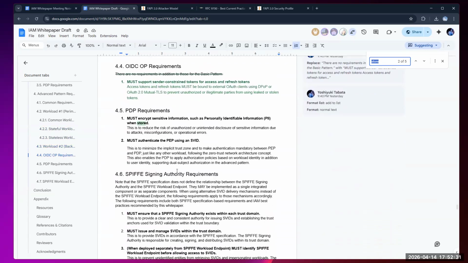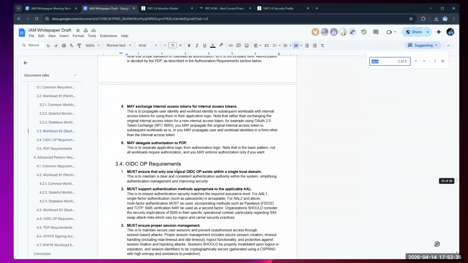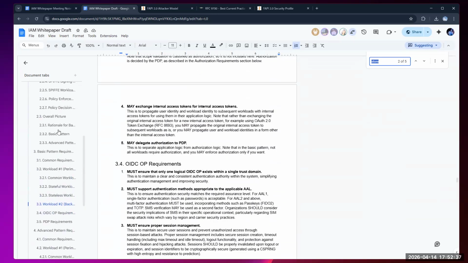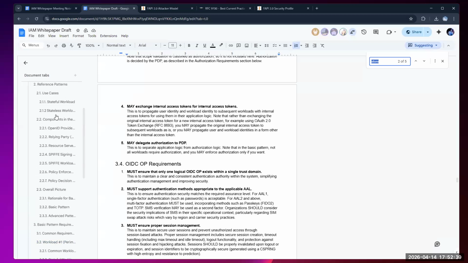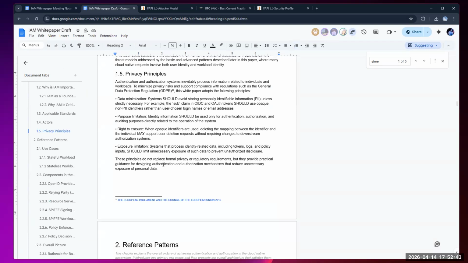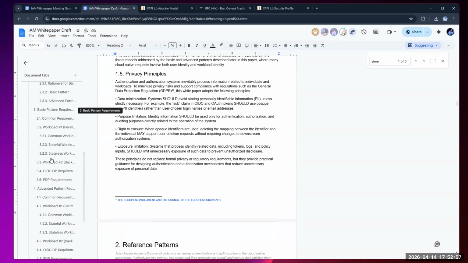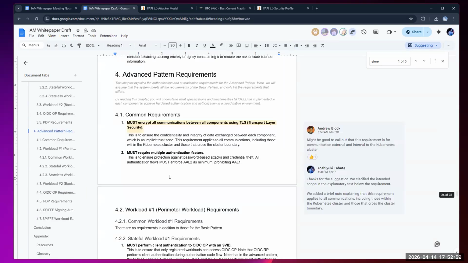How about the credential? In the privacy principle, there is nothing regarding the credential, I think.